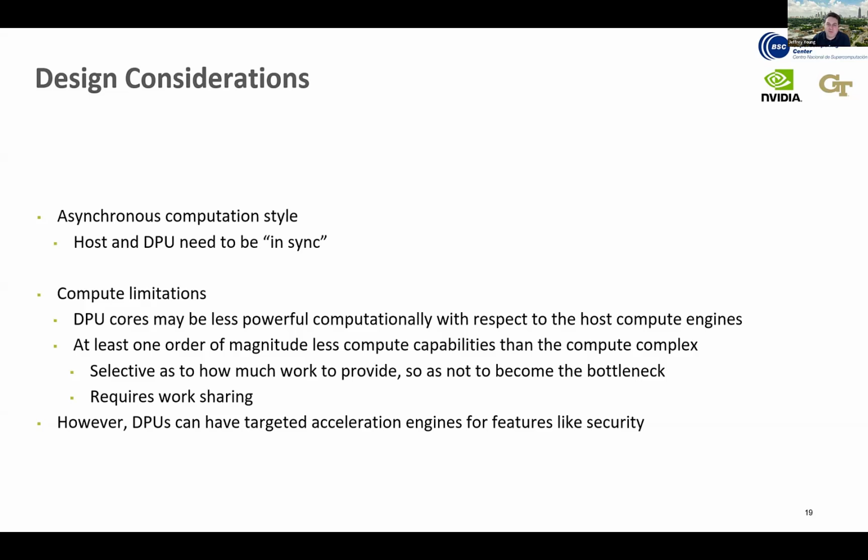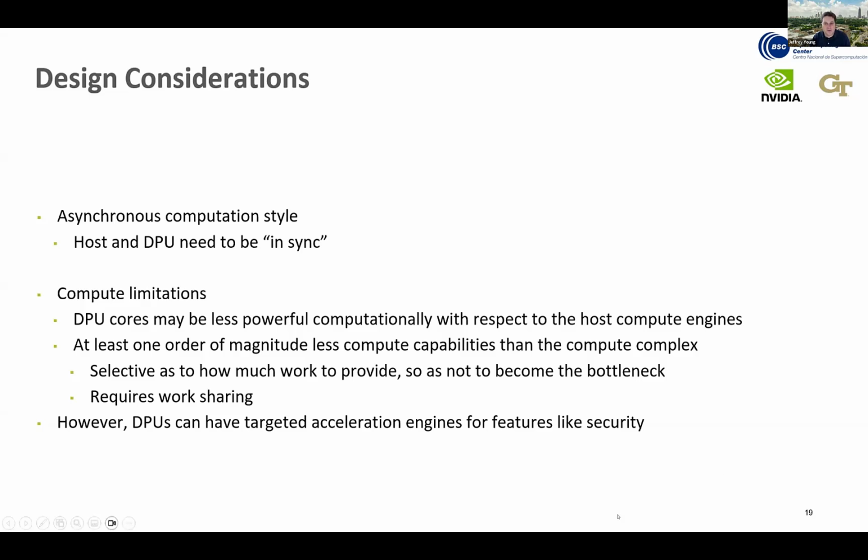If you're using them jointly for some kind of work, then you really need to think about how you synchronize them. That could be using some library or API like MPI. They could be using some kind of shared memory feature, like using barriers with some kind of offload. But you really have to think about who has the data and how much time it takes to transfer between these two devices.